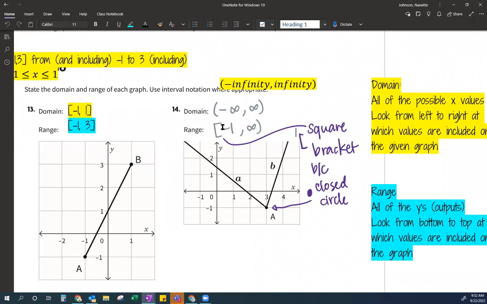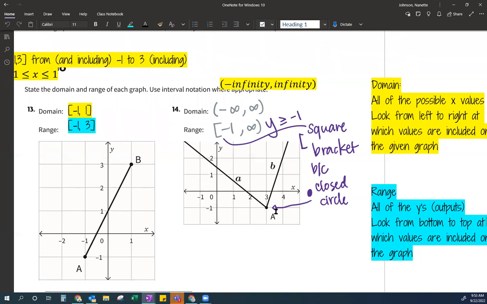Y is greater than or equal to -1. You would not put an infinity symbol right here. You don't put an infinity symbol in a statement like this. You just say Y is greater than or equal to -1. And why is it Y, Ms. Johnson? Because we're talking about range.